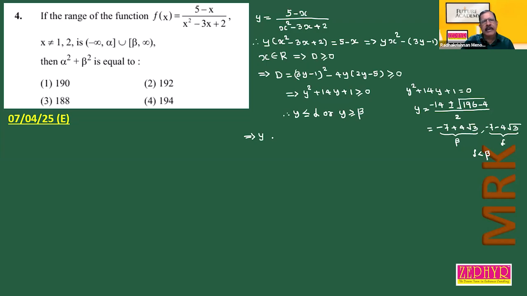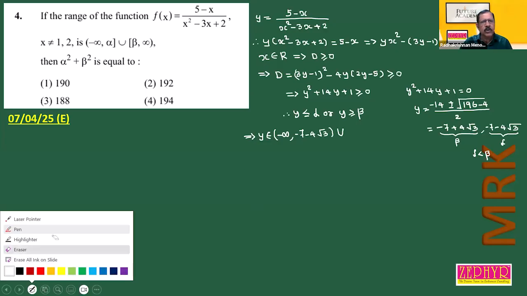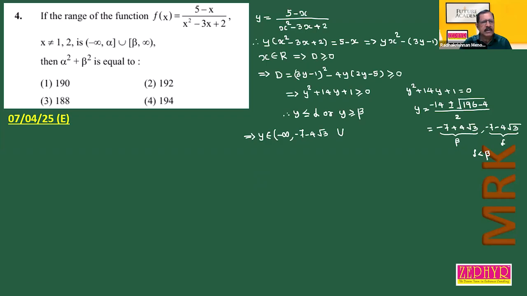y belongs to: less than or equal to alpha means minus infinity to alpha. Alpha is minus 7 minus 4 root 3. Union, equal to is there, so equal to means you have to use a closed interval.